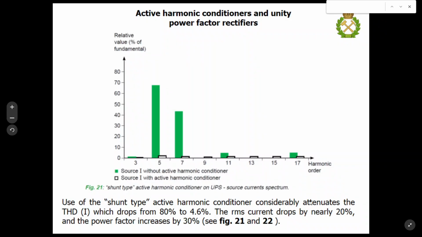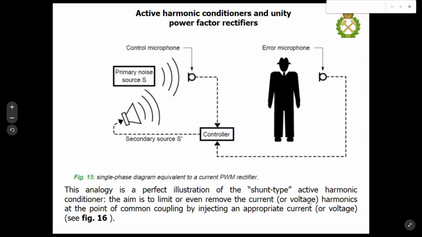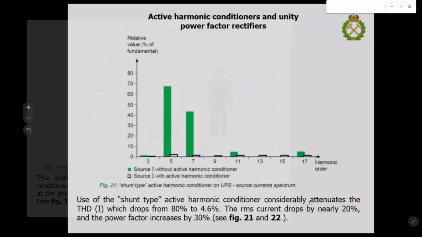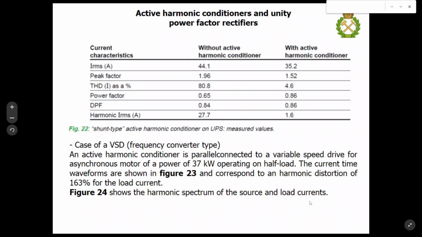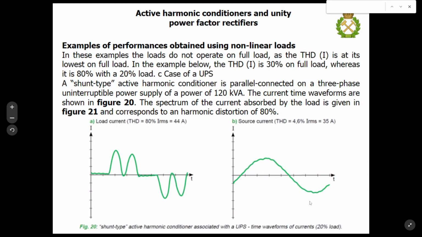Here are some examples. Total harmonic distortion equal to 80%, and with the filter, such total harmonic distortion decreased to 4.6%. It's a significant decrease by means of implementation of such a filter.